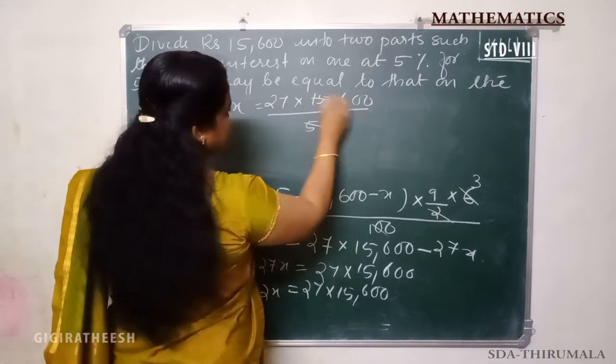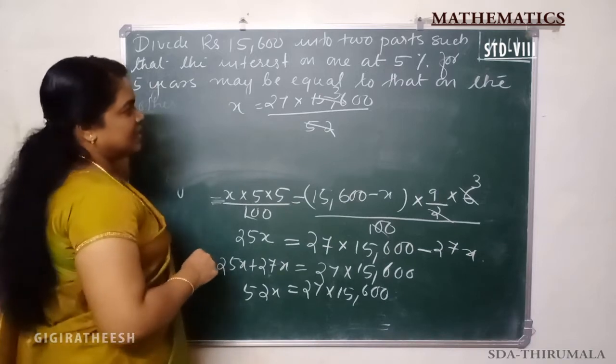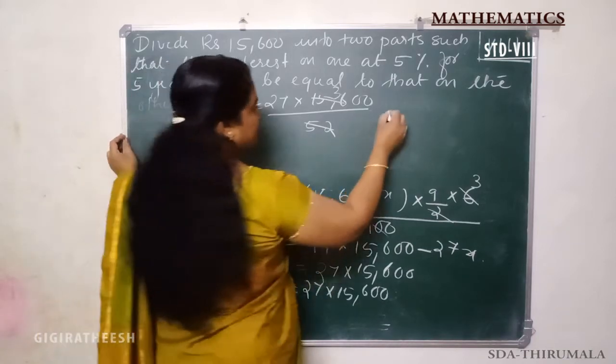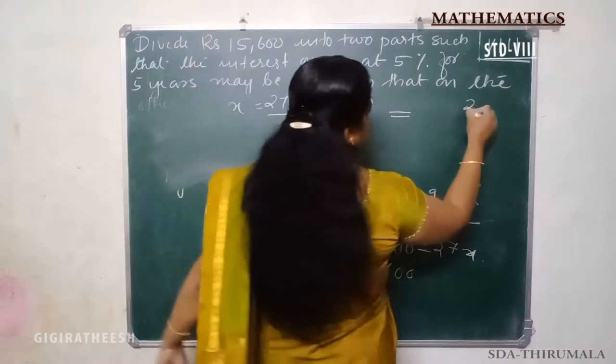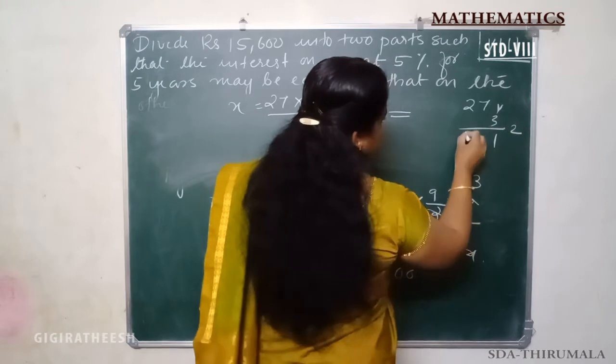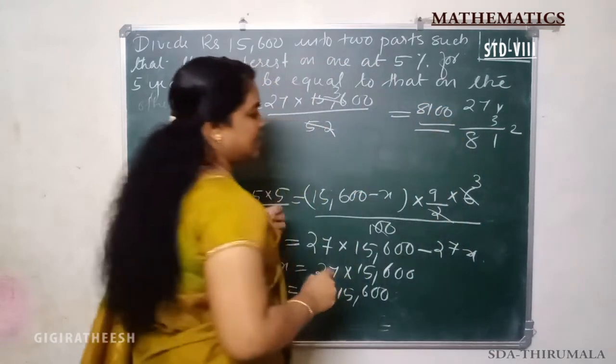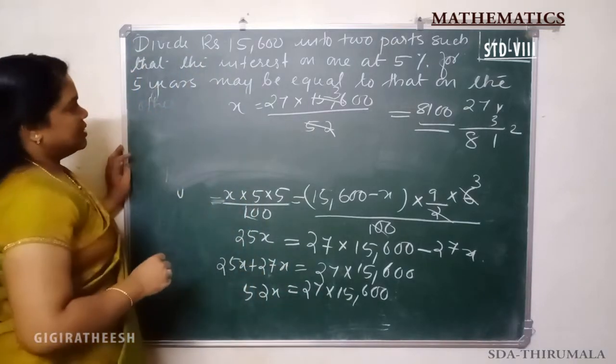Here it is 3 times. So x is equal to 27 into 3, which is equal to 8,100.